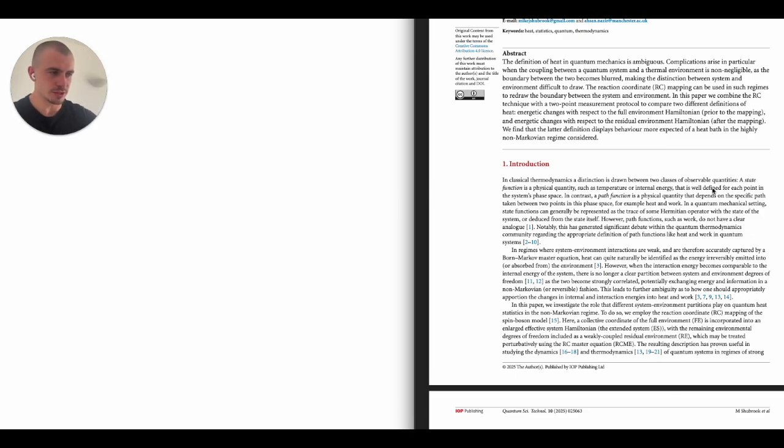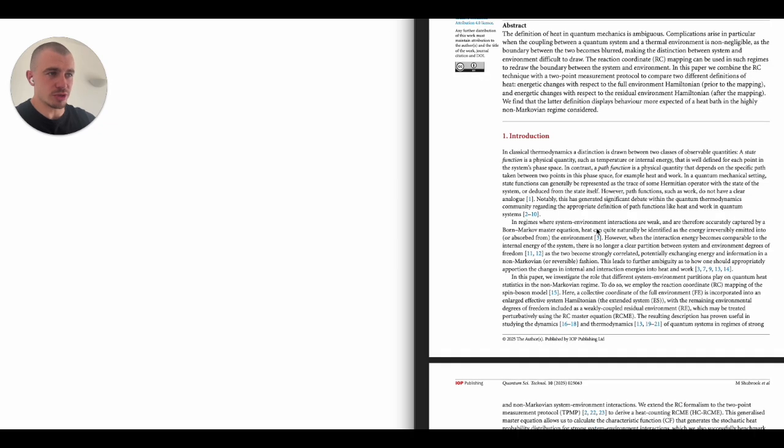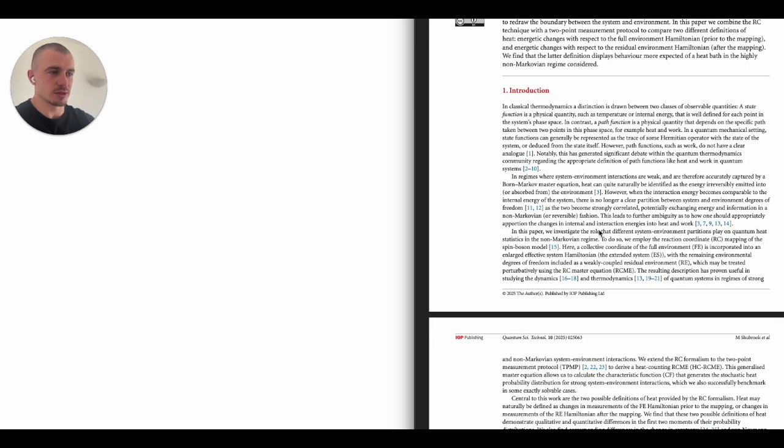We basically just mention the difference between state and path functions, and then say that because heat and work are path functions, they're very difficult to define for quantum systems. And there's no clear analogue between classical work and heat and quantum work and heat. So we're trying to help bridge that gap between a classical definition of heat and a quantum definition of heat.